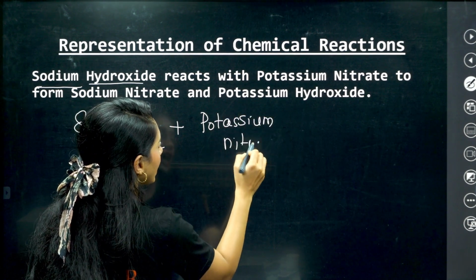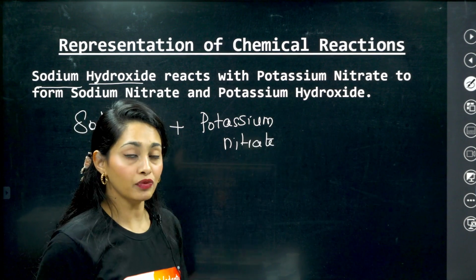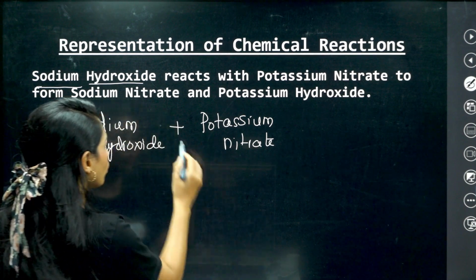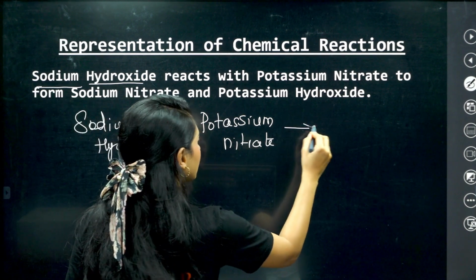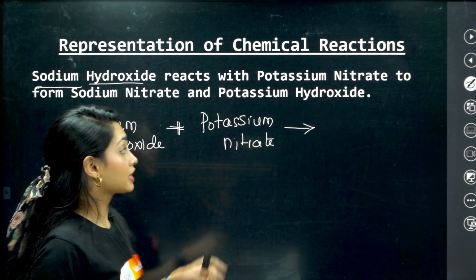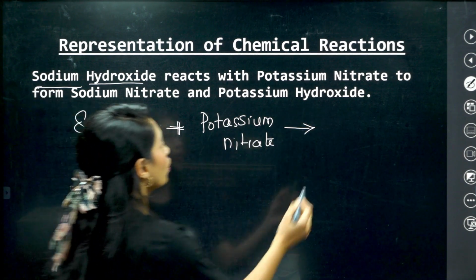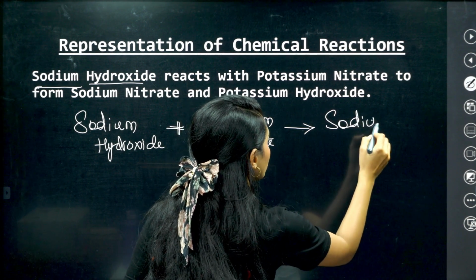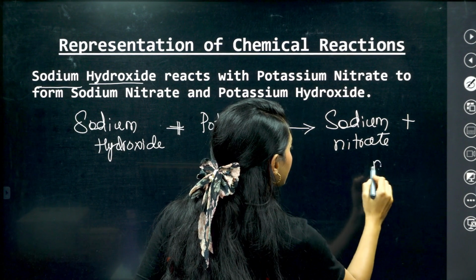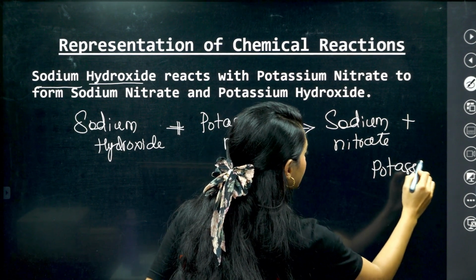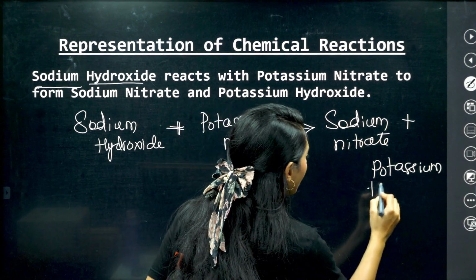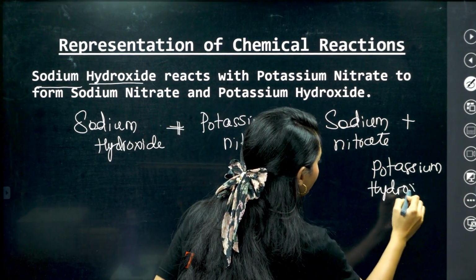If there is more than one reactant, we separate them using the plus symbol. Next, an arrow mark. These are reacting to give products: sodium nitrate and potassium hydroxide. Here there are two products, that's why we are separating them using a plus mark. So this is a word equation.